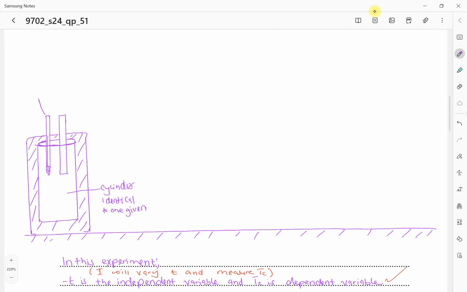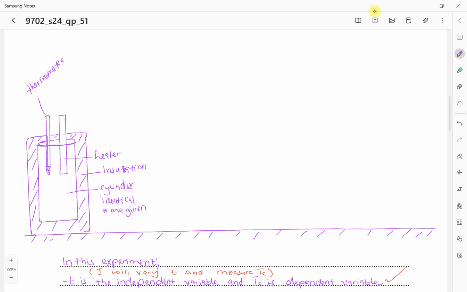So this is the thermometer. And this here is the heater. This is insulation, insulation around the cylinder.